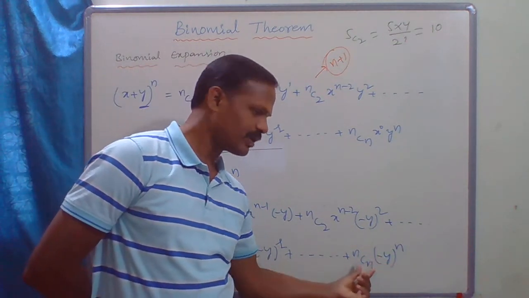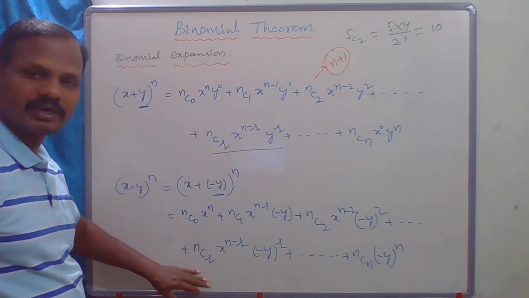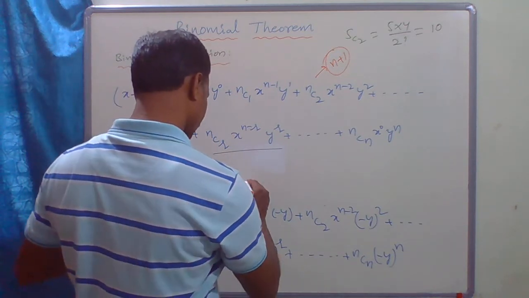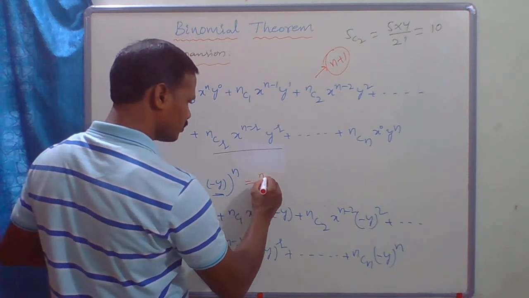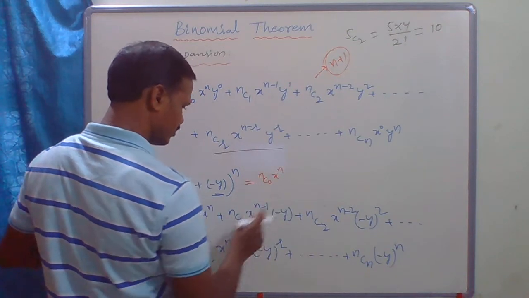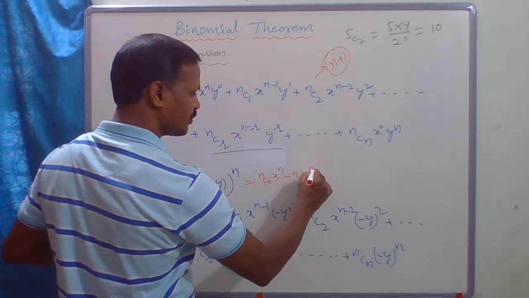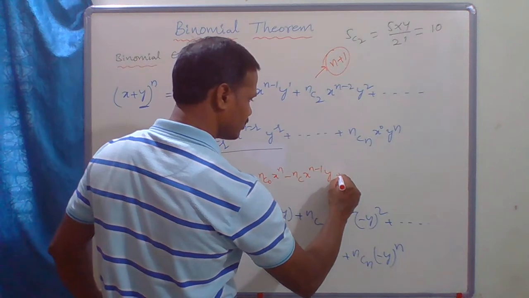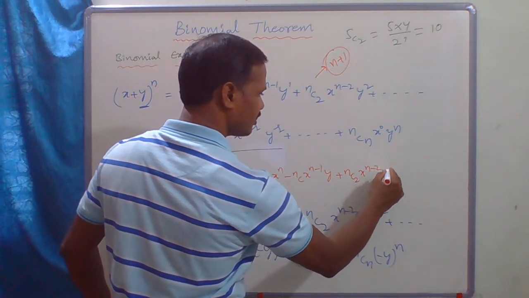So finally this will become: nc0 x to the power n, minus nc1 x to the power n minus 1 y, plus nc2 x to the power n minus 2 y square.